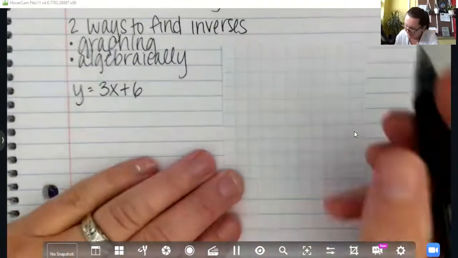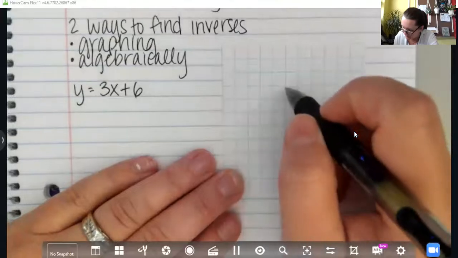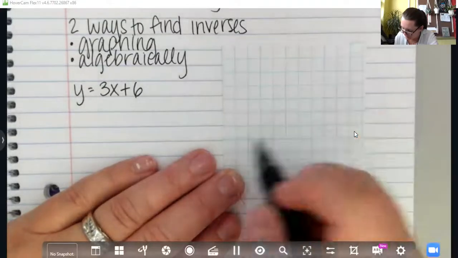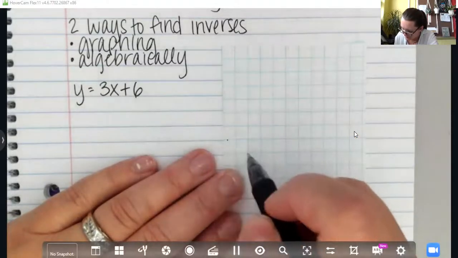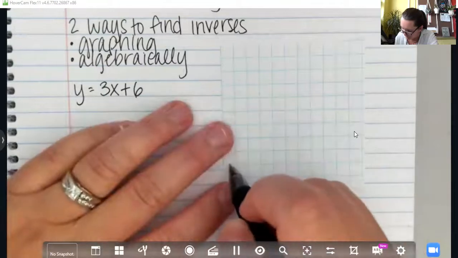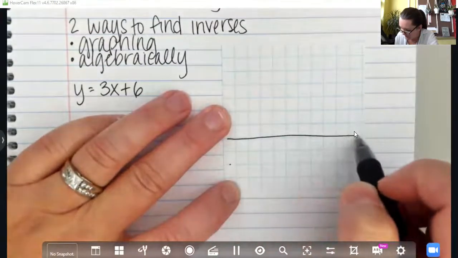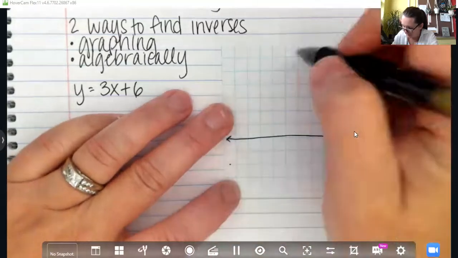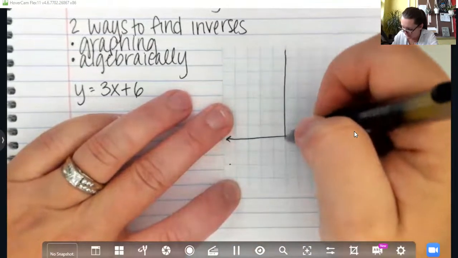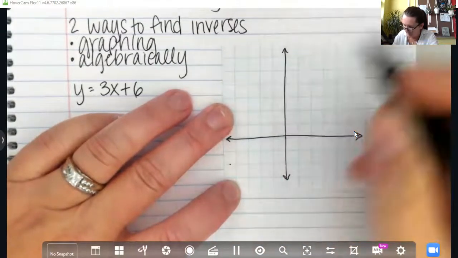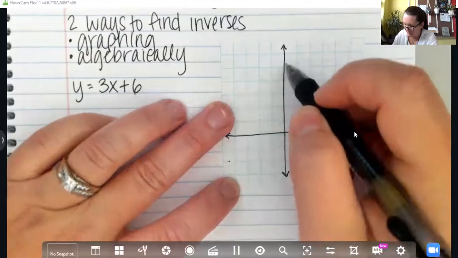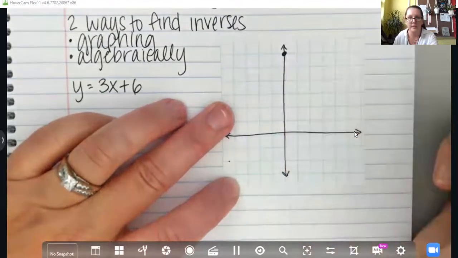I need to make sure that I have 1, 2, 3, 4, 5. Let's go down one more. I should have done it lower, but that's okay. All right, so 1, 2, 3, 4, 5, 6 is my starting point.